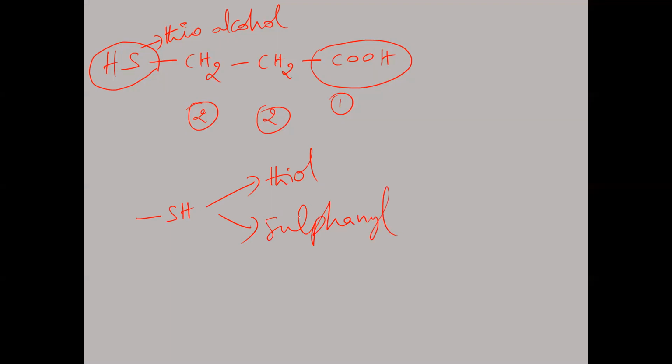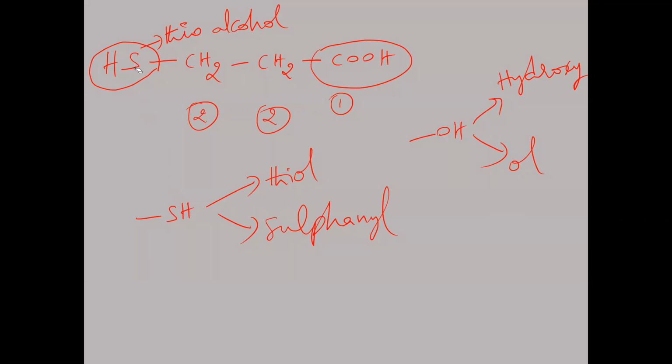So sulfanyl is one name and thiol is another name. Like OH has two names: hydroxy and ol. Is that clear now? So for this SH, which name do we have to use, thiol or sulfanyl? Sulfanyl we have to use.